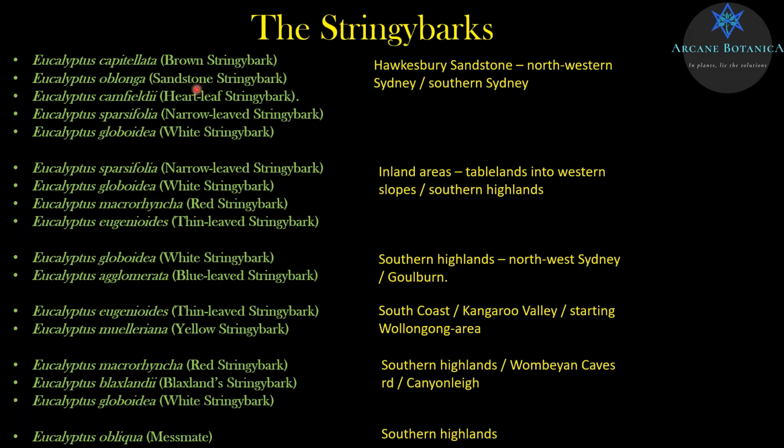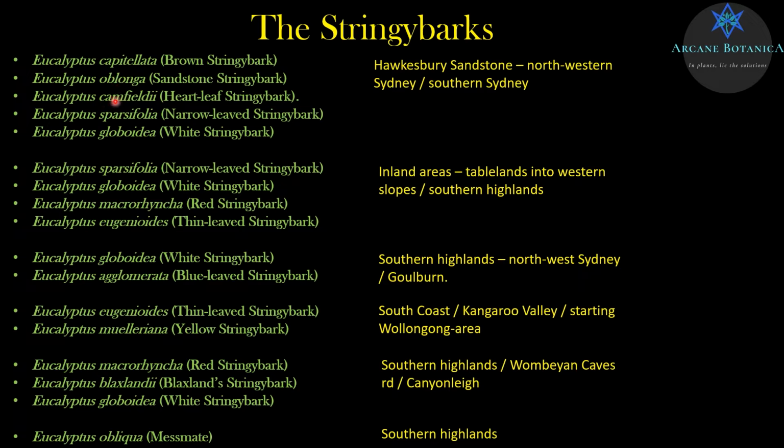Yeah, so what I've tried to do, and this might just confuse the hell out of everything, is group them for similarity and consideration when you're in particular habitats. So Hawkesbury sandstone, northwestern Sydney, southern Sydney. These are the ones you've got to be thinking about.